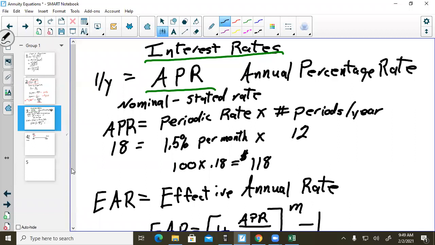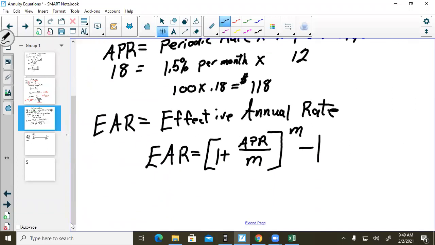So really what you actually pay is what we call an effective annual rate. This is the rate with the effect of compounding the periodic rate month after month after month for the course of the year, okay?